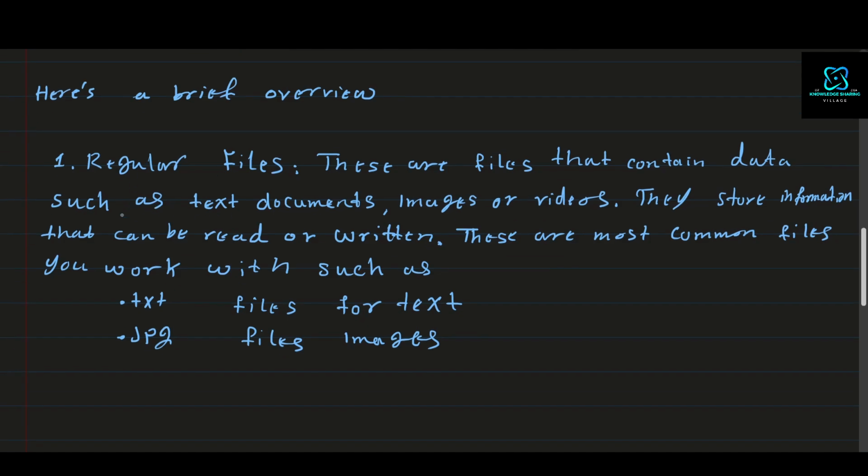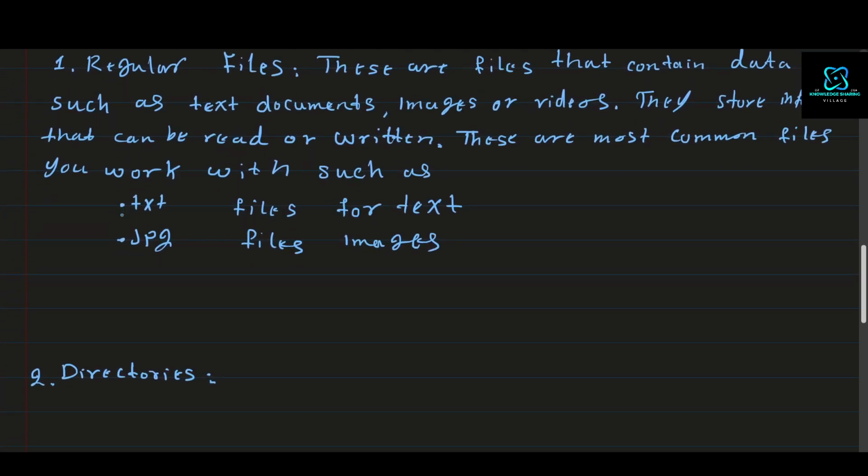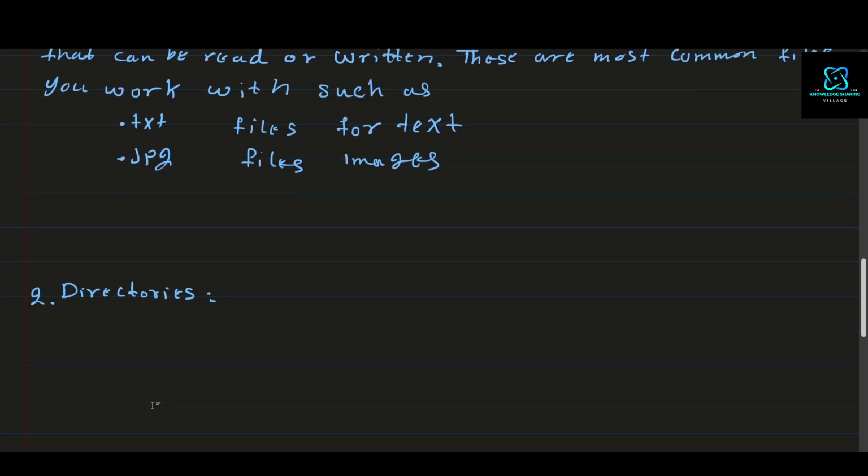Next, we are talking about directories. A directory is equivalent to a folder in Windows, for example. So what kind of file is a directory? Because inherently, everything when it comes to a Linux or Unix based system is regarded as a file.